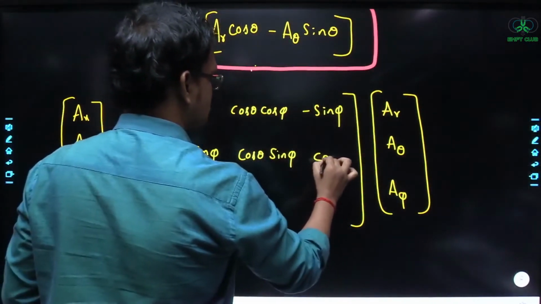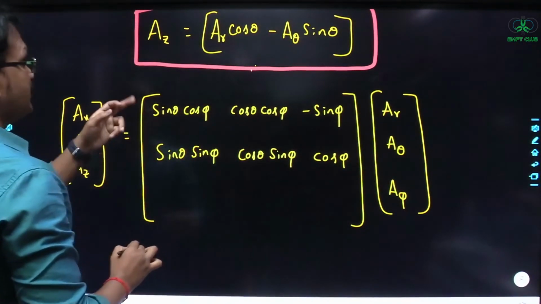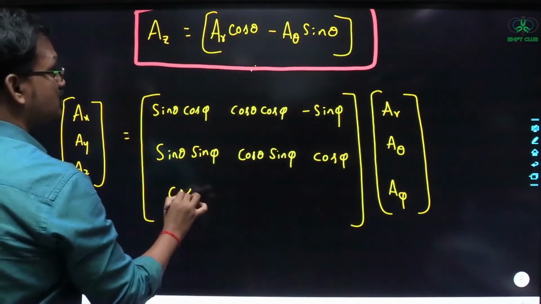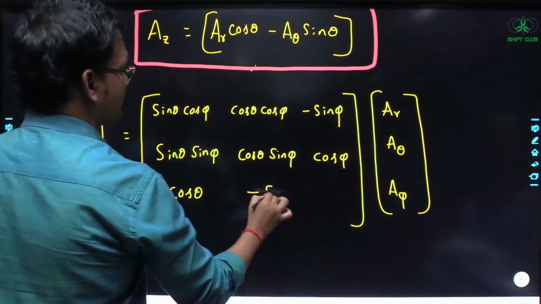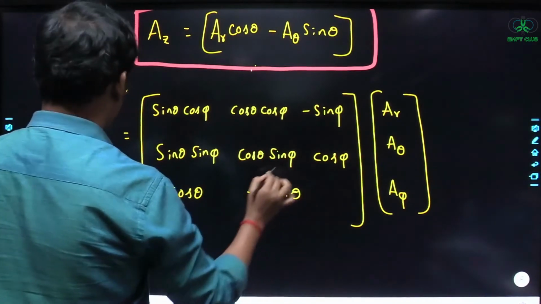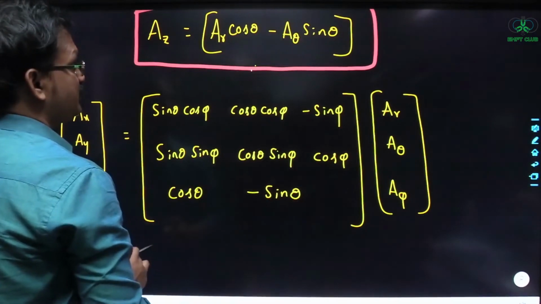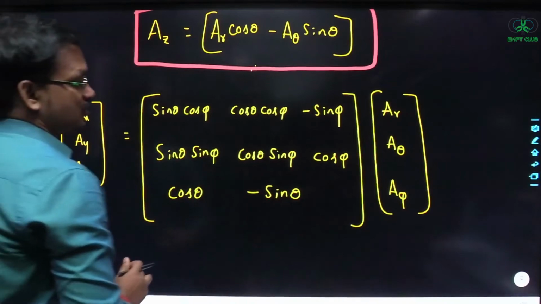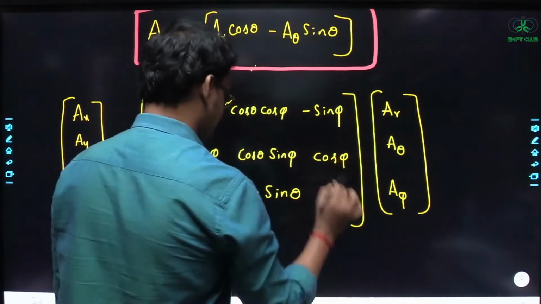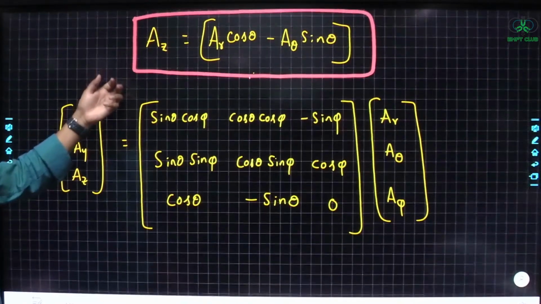Next, AZ is equal to, here you are having cos theta and here you are having minus sin theta. So AZ is equal to AR cos theta minus A theta sin theta, and here it is 0.